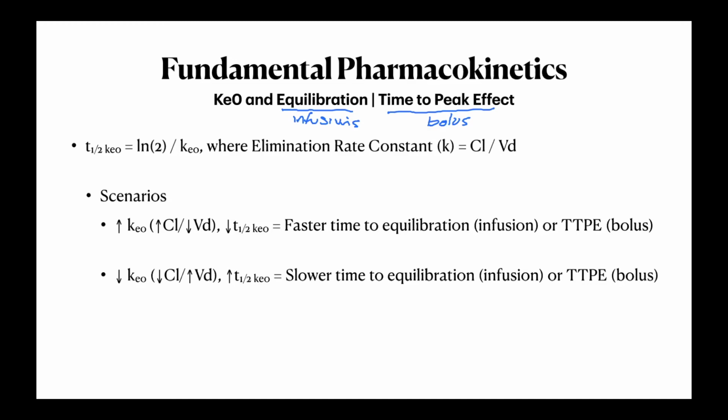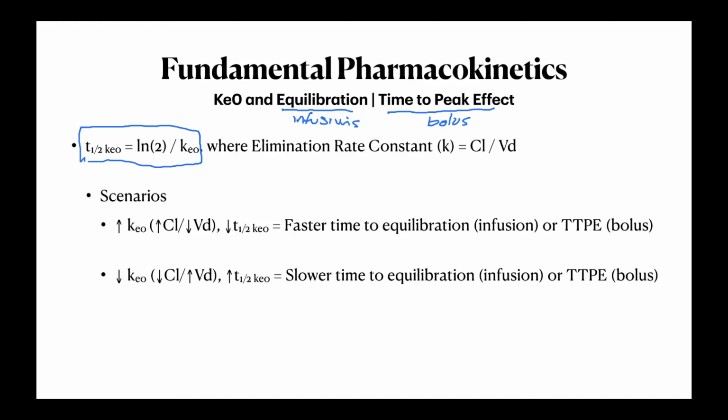Again, the formula here is so important. T1/2 KEO equals the natural log of 2, or 0.693, divided by the elimination rate constant, where the elimination rate constant equals clearance divided by volume of distribution.